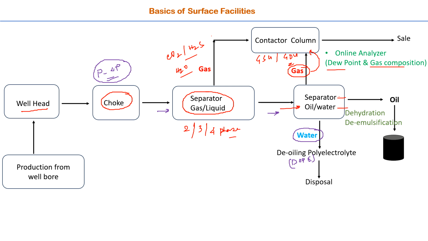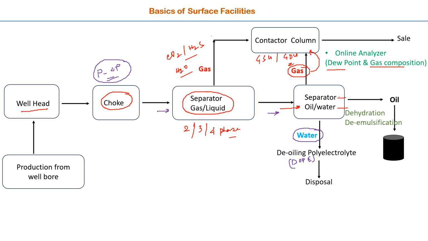Because we know that fluid always flows from high pressure to low pressure, so pressure is reduced gradually, therefore the oil fluid flows. So this is the basics of surface facilities for the separation of oil and gas.